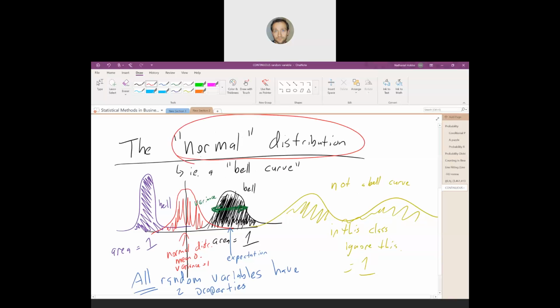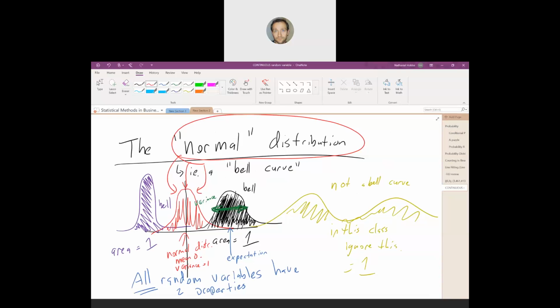Here, this normal distribution means this thing, the one in red. Exactly that. It is a bell curve that's centered right at 0. And how fat is it? It's as fat as the variance is 1. Okay.